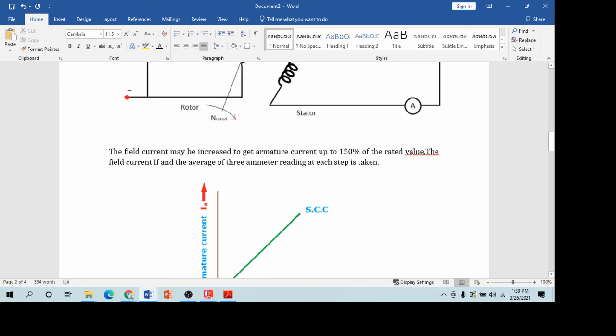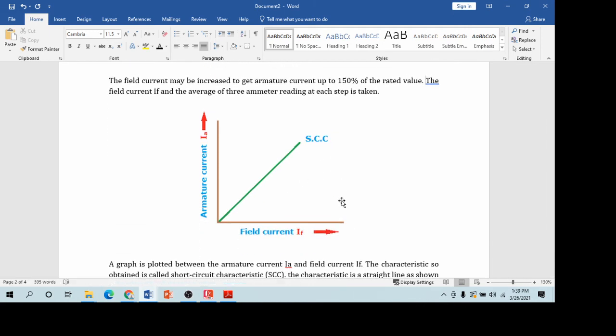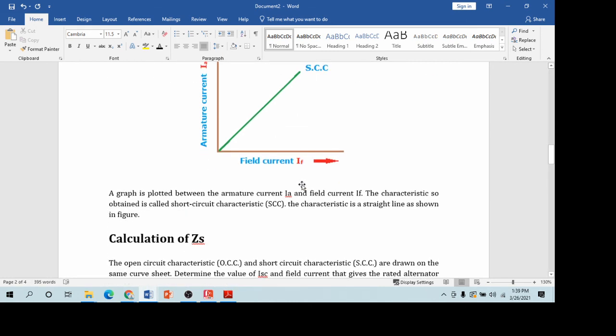Earlier it was a 25% increase of the full load; at this time, get the current up to 150% of the rated value. The average of the three ammeter readings at each step is taken, giving you the armature current IA and the field current IF for the short circuit test.